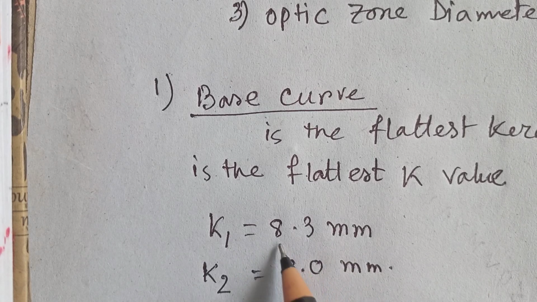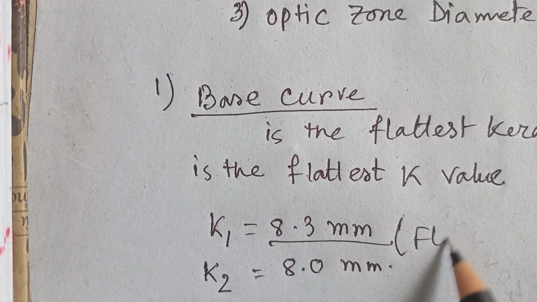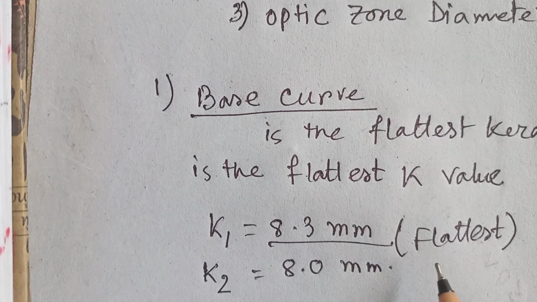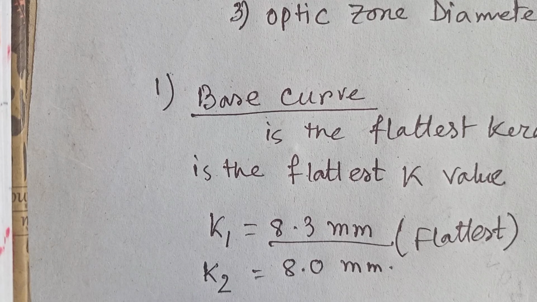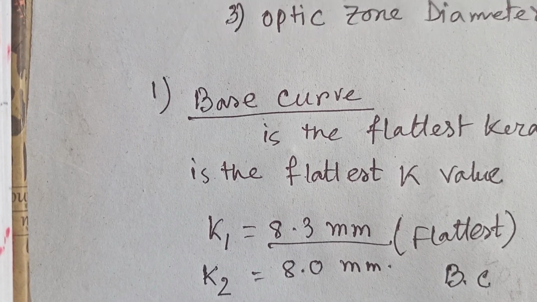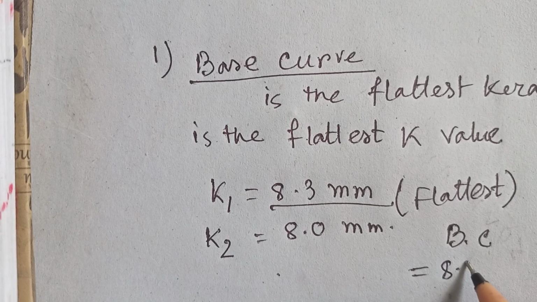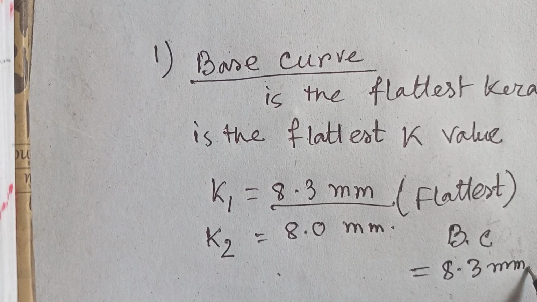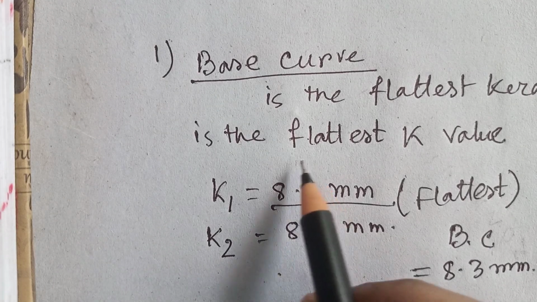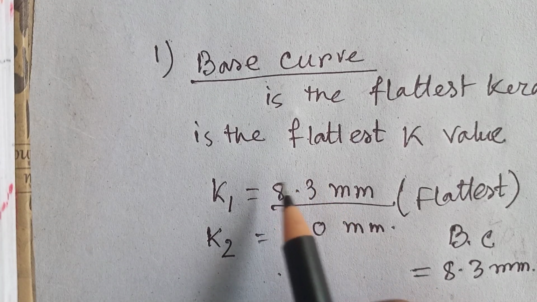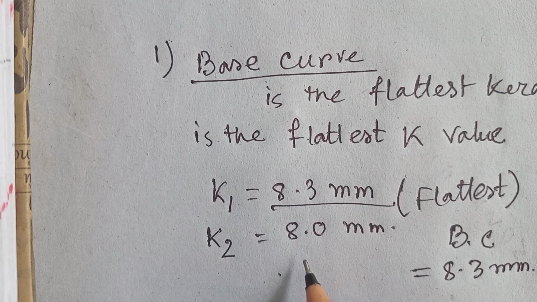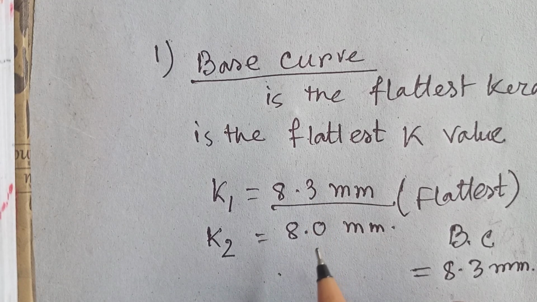Among them, this 8.3 millimeter is the flattest meridian, so the base curve of the contact lens we choose is also 8.3 millimeter. Always remember, in the keratometric value, as the numerical value increases the base curve is flatter, and as the numerical value decreases the base curve is steeper.